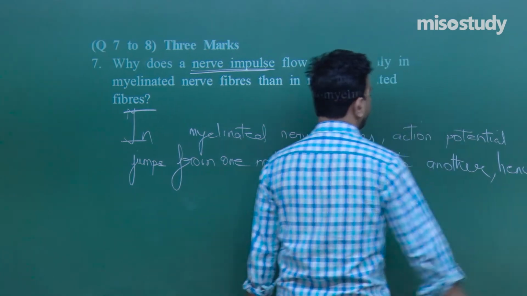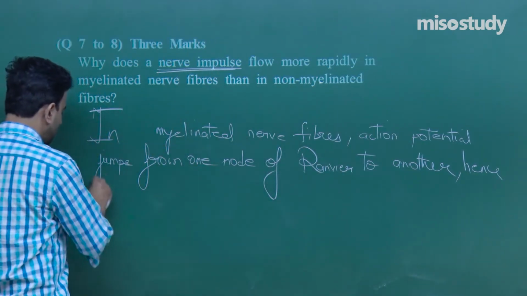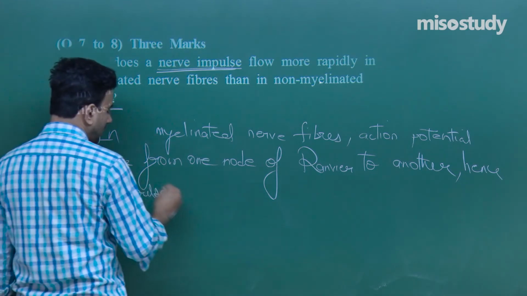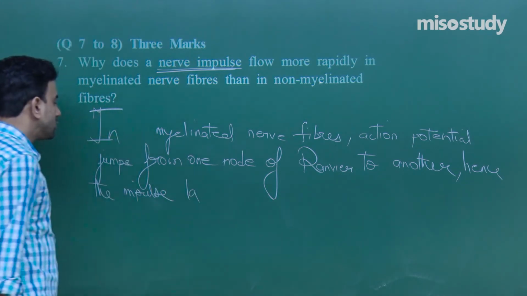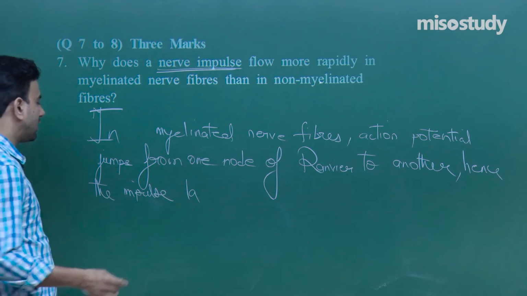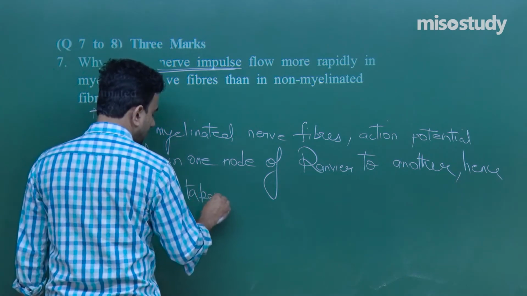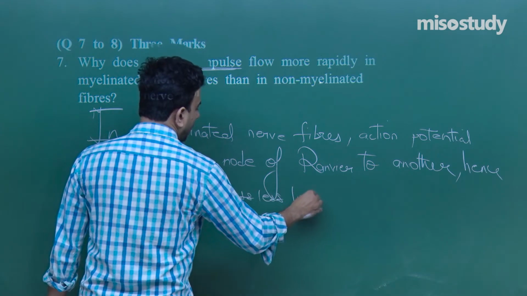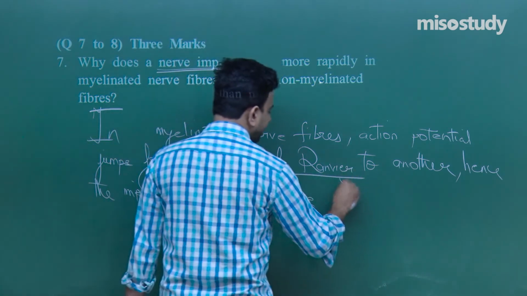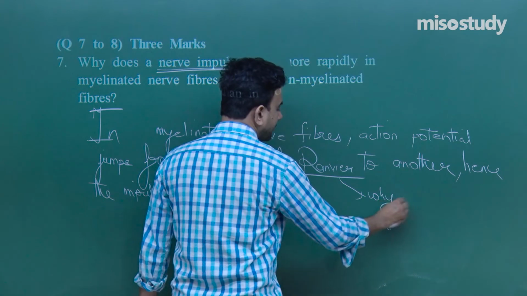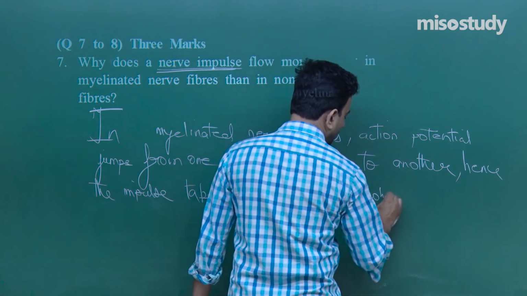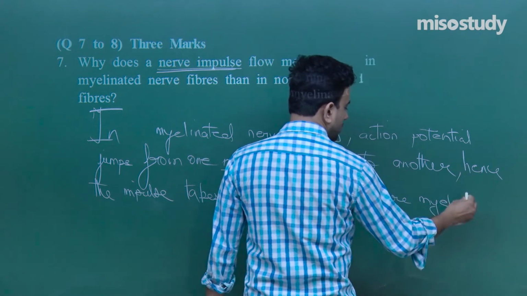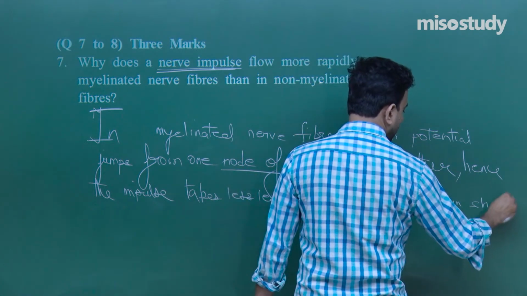Hence, the impulse takes less time. The node of Ranvier is a place where the myelin sheath is absent.